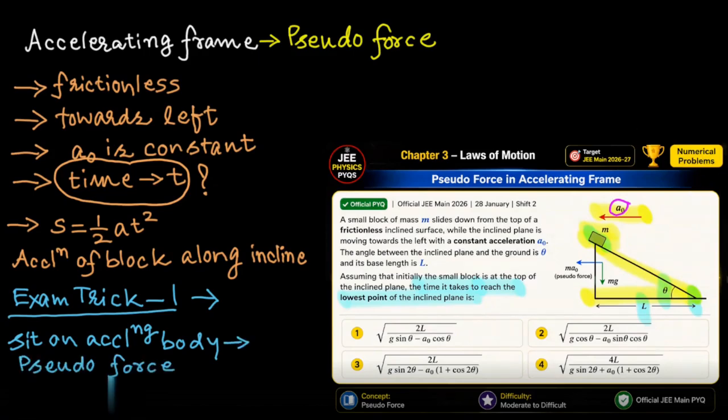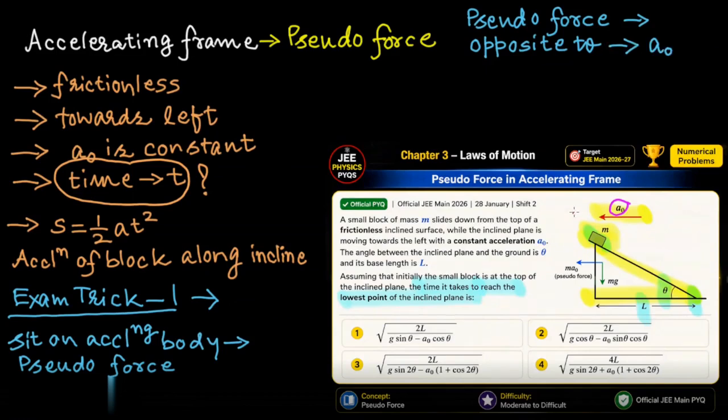Remember this golden rule. Pseudo force always acts opposite to the acceleration of the frame, a0. The wedge accelerates left, therefore the pseudo force on the block, F, acts towards the right. This single observation is where many students lose marks.